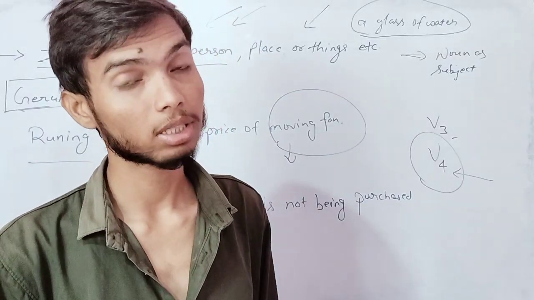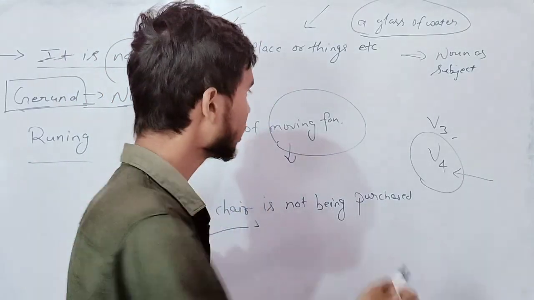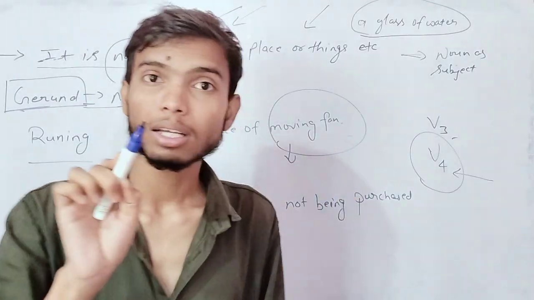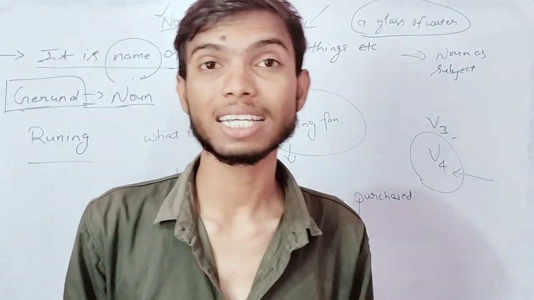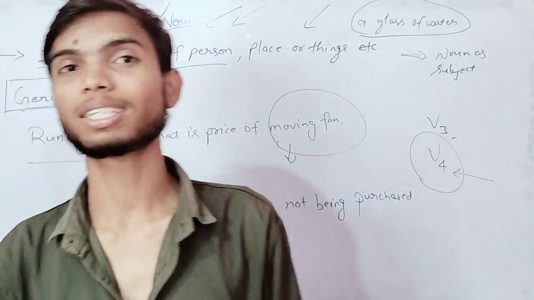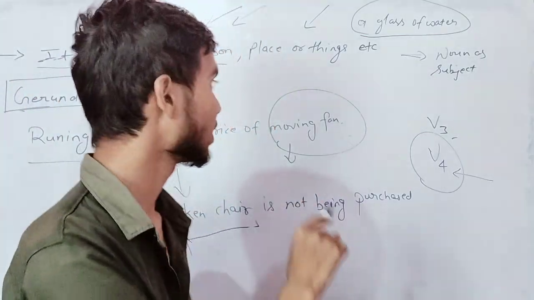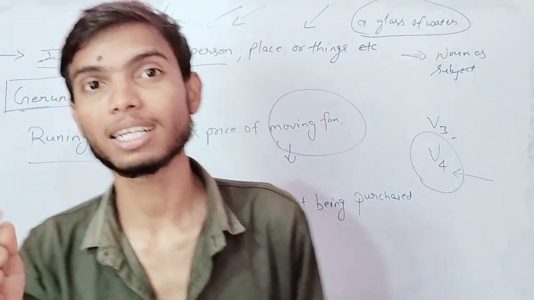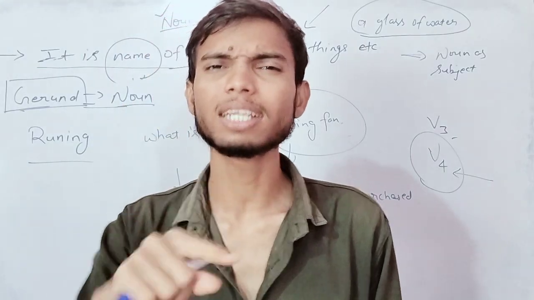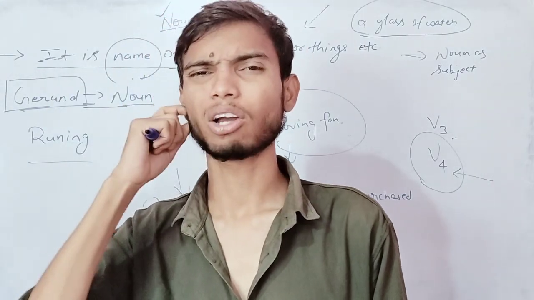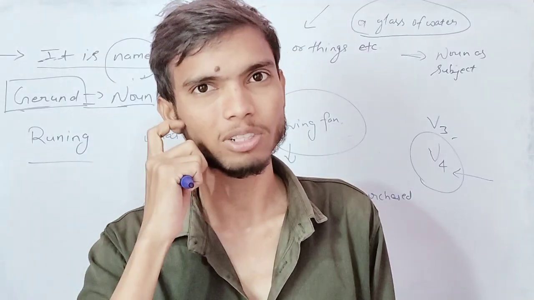Chair is broken. Something is a something. But here we are observing that object is in motion. You can see moving hand. So here moving is being used as an adjective.